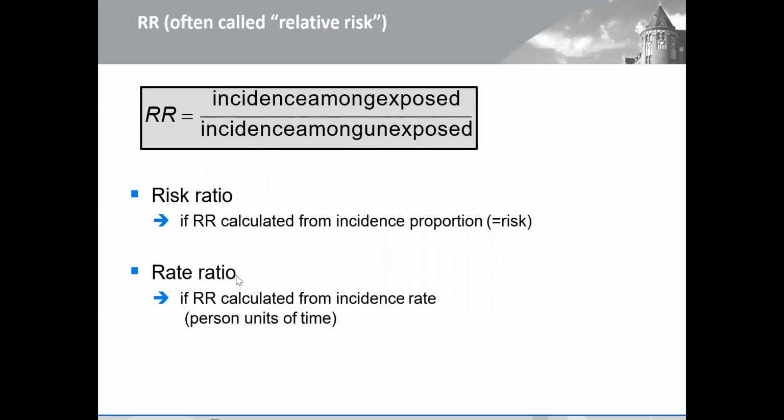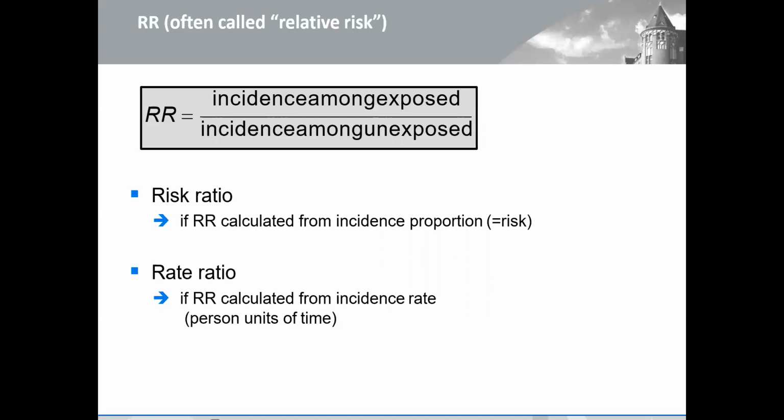So you can have a risk ratio, you can have a rate ratio, and it depends on how you calculate this. If you calculate it from incidence proportion, like the risk, that's a risk ratio. If you calculate it using incidence rates, or per units of time, it becomes a rate ratio. I hope you remember when we were discussing measures of frequency, we had risk and rate, and the difference was because of the denominators.